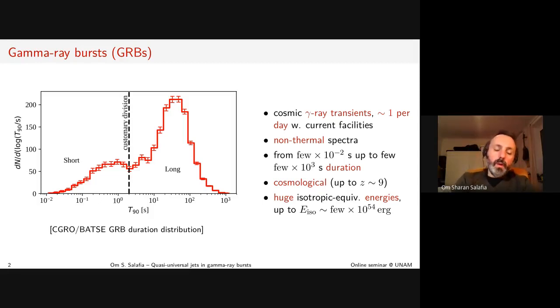In the cases in which we can measure a redshift of these sources, we find them to be cosmological, and this also implies very large energies, at least isotropic equivalent energies in their gamma ray emission, which can reach up to a few 10^54 ergs, which would mean more than one solar mass converted into radiation if it were isotropic.